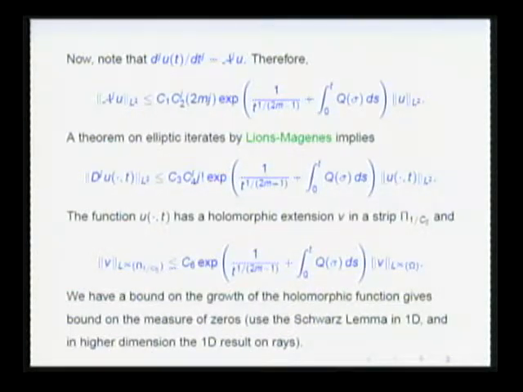And to go from the Laplacians to gradients, there is happily a machine due to Lions and Magenes in their third book, called the Theorem of Elliptic Iterates. It's a very powerful tool for analyticity for elliptic and parabolic problems. If you have a bound for all the powers of the Laplacian, you automatically get the same for all the gradients with the correct factorials.